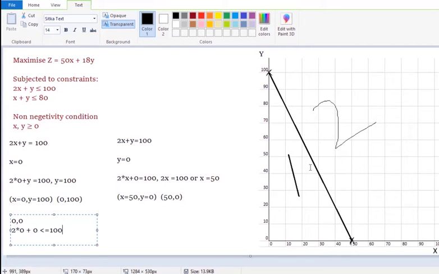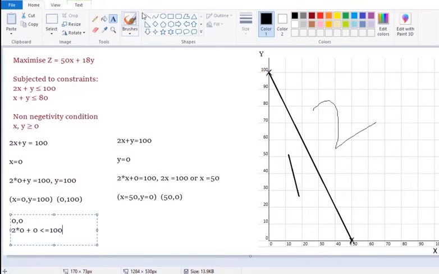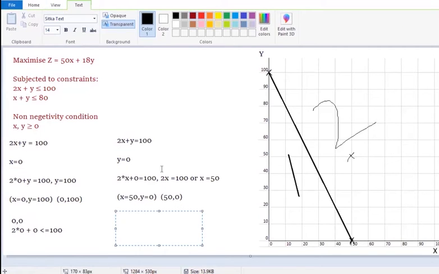So this region 1 satisfies the constraint. If I take any point in region 2, for example the point 50, 50, and use it in this equation, it will be 2 into 50 plus 50.